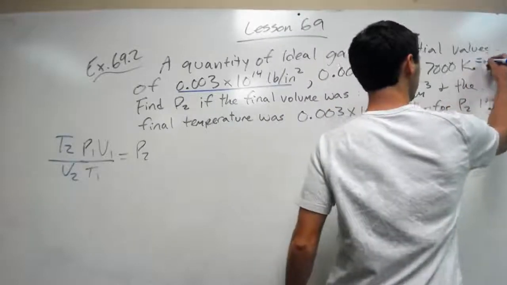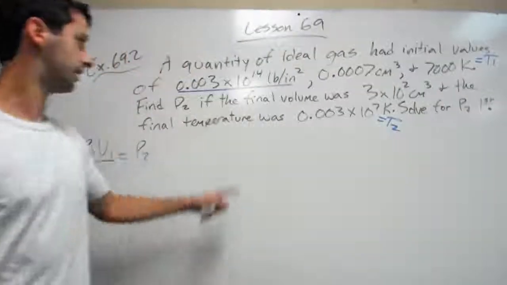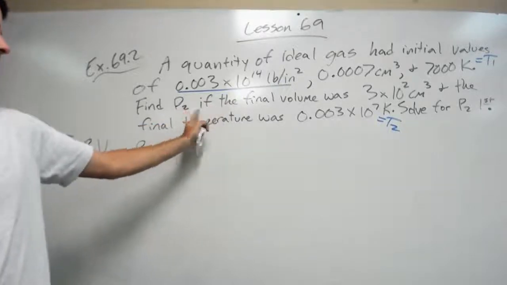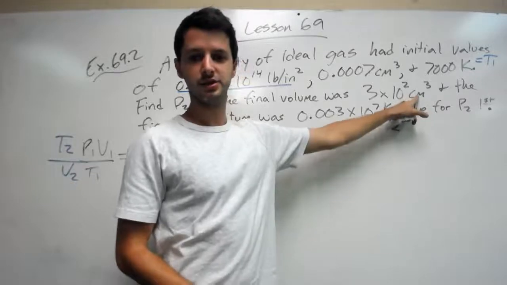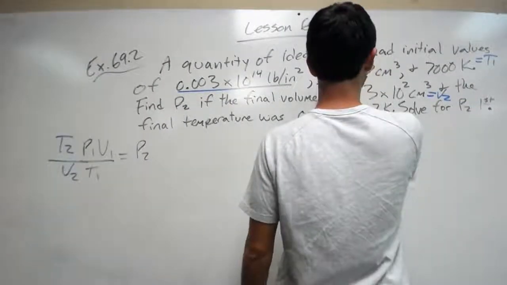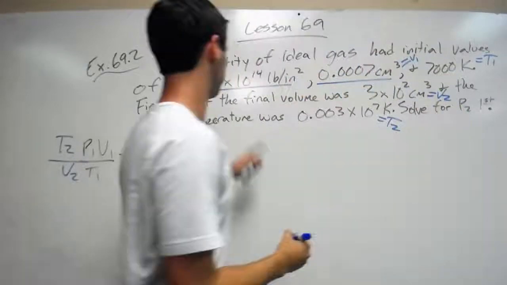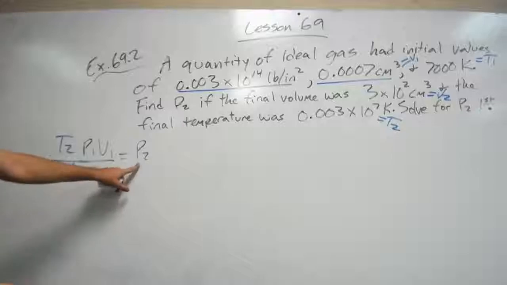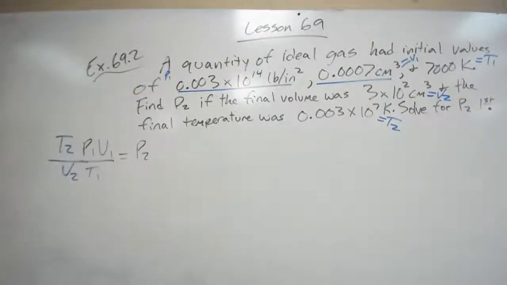So this is T1, this is T2, and then it says find P2 if the final volume was 3 times 10 squared centimeters cubed. So this is our final volume, V2, making this V1. We're solving for P2, leaving us with P1 right here. So we plug these in.